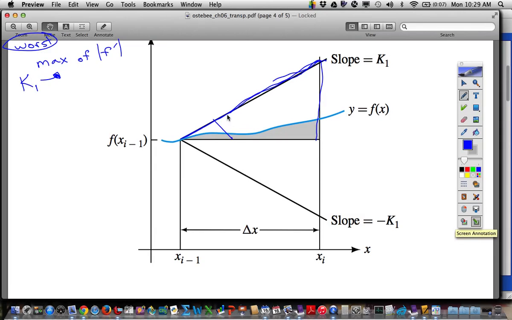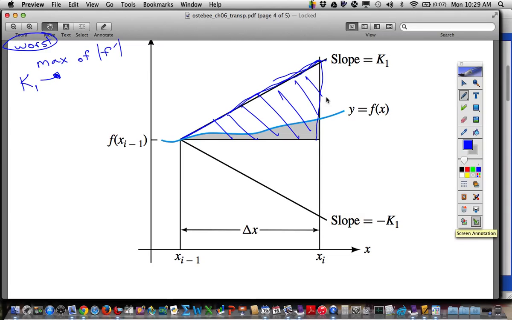Well, it would be off by that much, wouldn't it? My left rectangle, that is. Does that make sense? And this would be same for right. If this was a right rectangle, right, we would go up here, and then how much would it be off? Again, it would be that same thing. It would be this whole triangle. You see what we're doing? What we're trying to do is figure out the worst case scenario.